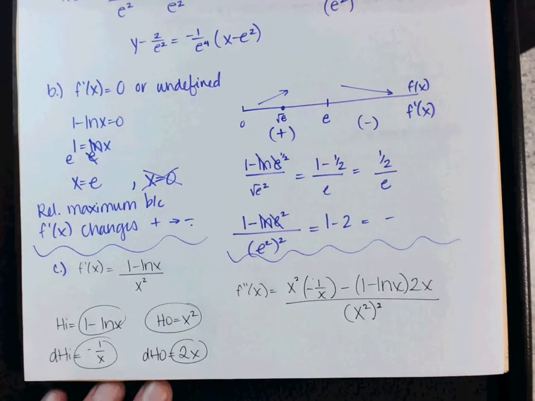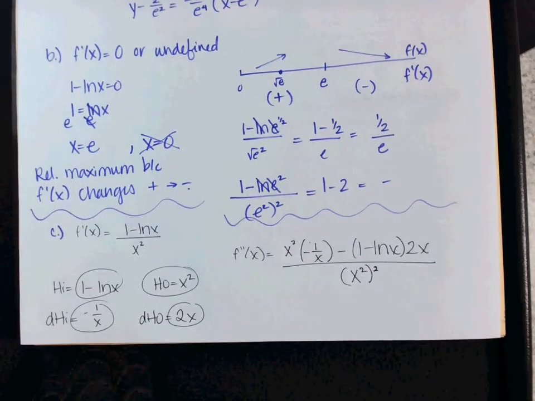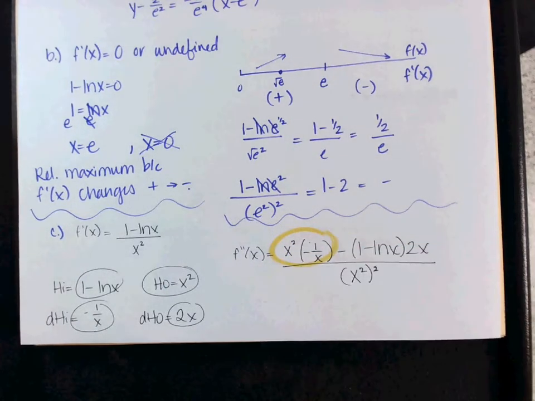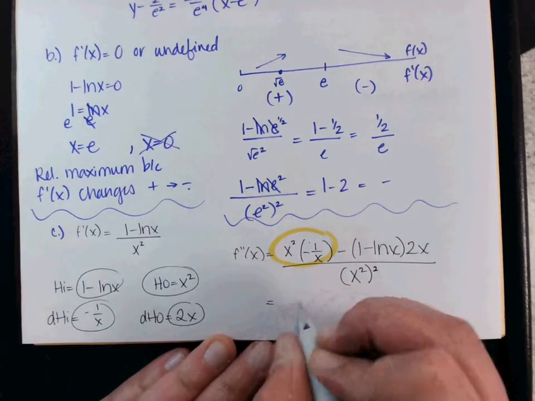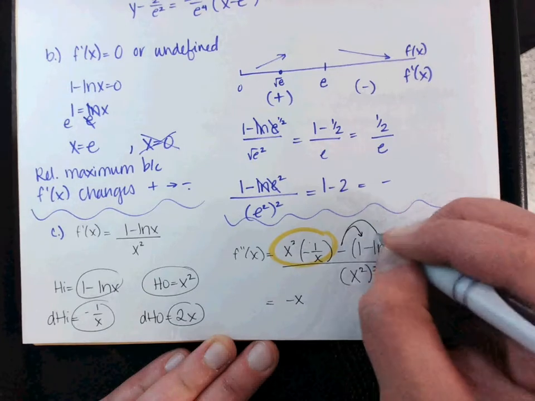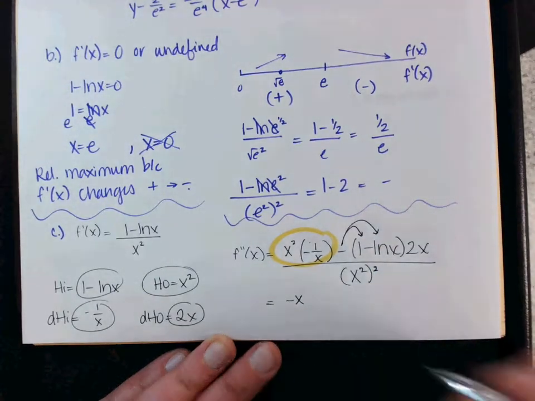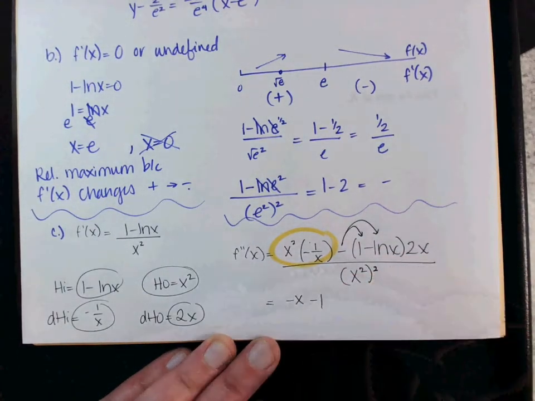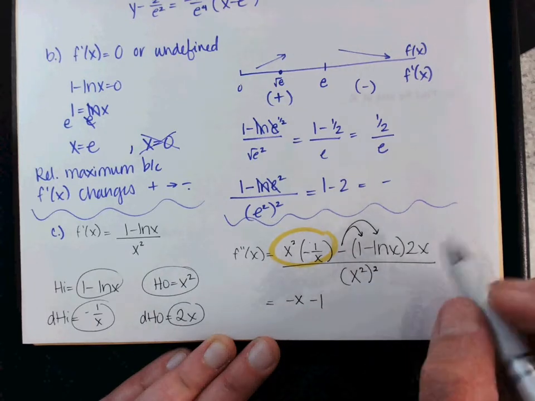Now let's look for stuff that can reduce on the top. First thing that you should notice is that we have an x squared and a 1 over x. What can happen in here? Negative x, good. Okay, and then over here, I need to remember to distribute this minus. So it'll be a minus 1. And actually, let's multiply the 1 and the 2x as well.